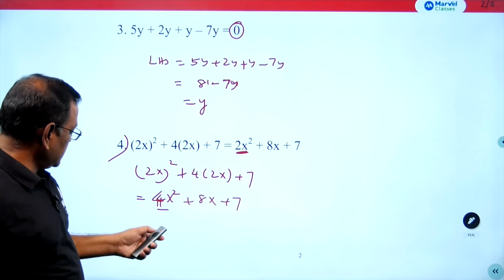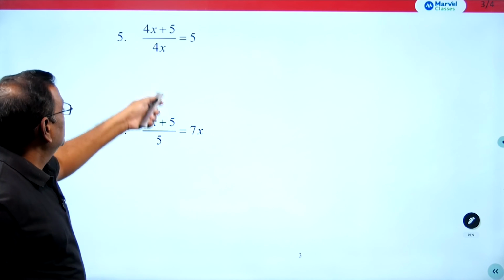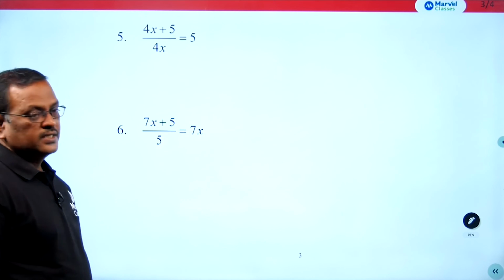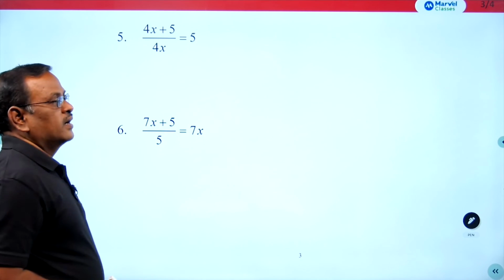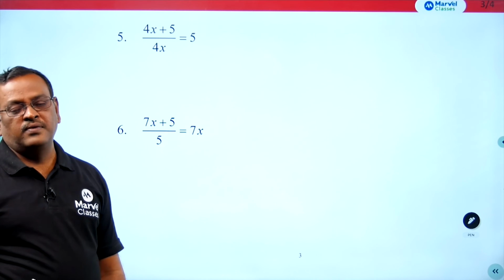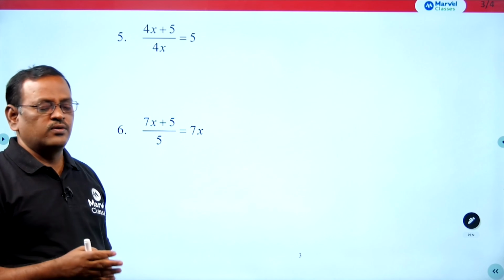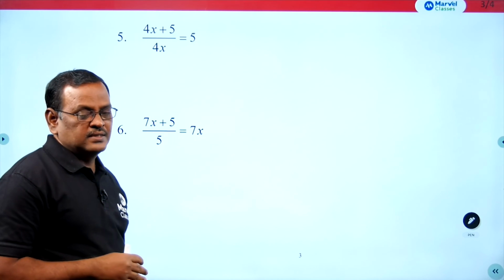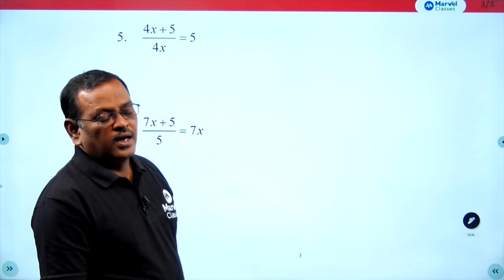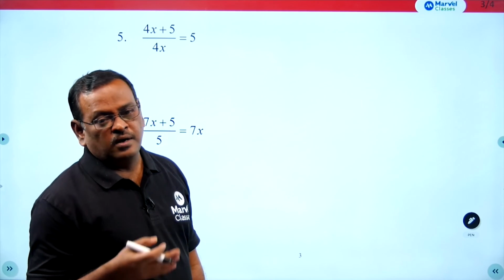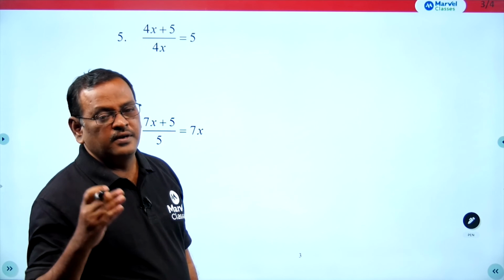Now rational expression type question, 4x plus 5 by 4x equal to 5. How to simplify this? Both the problems contain monomial in the denominator. Whenever the denominator is monomial, what is the working rule? Already we discussed. Yes, whenever the denominator contains only monomial and numerator is either binomial or trinomial or polynomial, split into different terms.